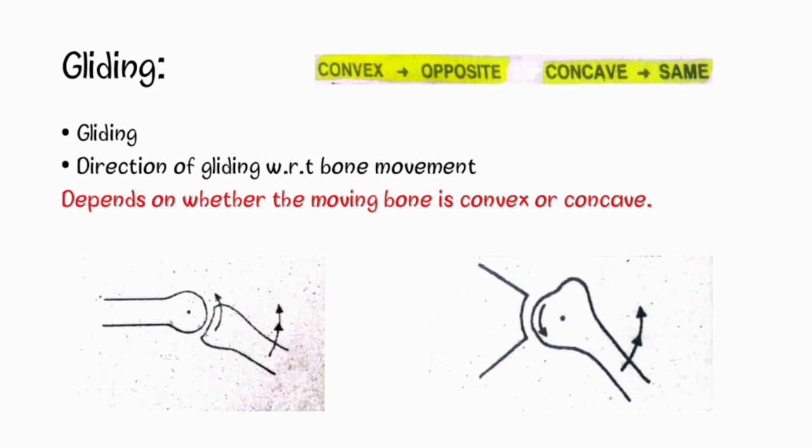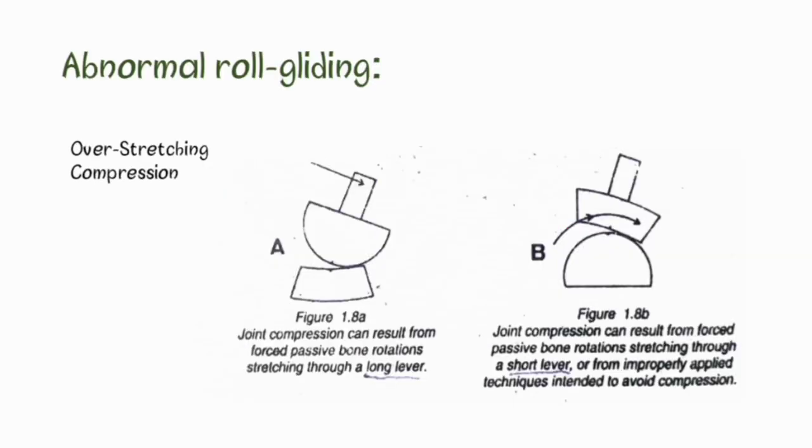The moving bone and its concave joint surface are both on the same side of the axis of movement. Now let's come to the second figure. If the convex joint surface is moving, the joint gliding and the distal bone movement are in opposite directions. In this case, the distal aspect of the moving bone and its convex articular surface are on opposite sides of the movement axis.